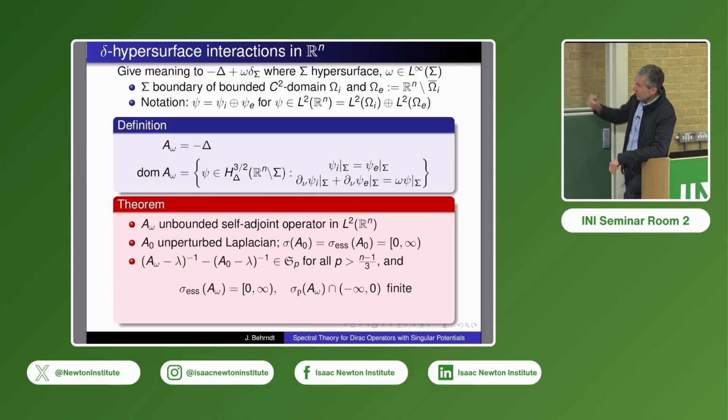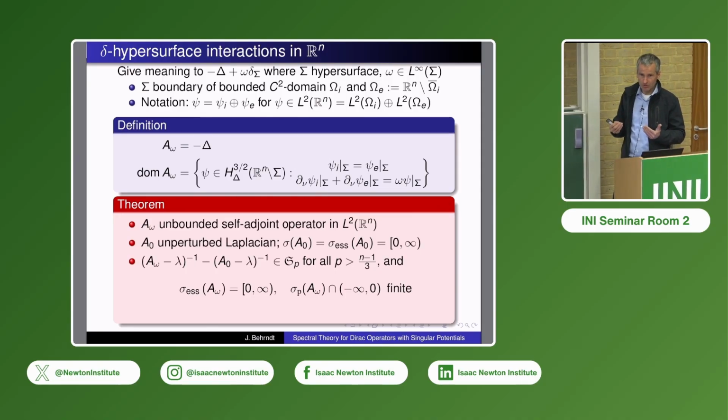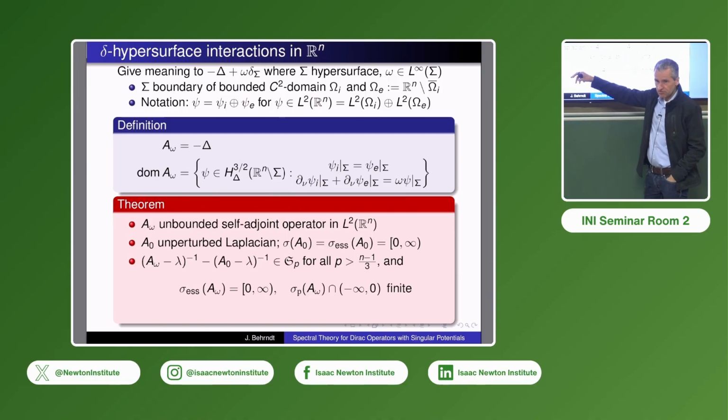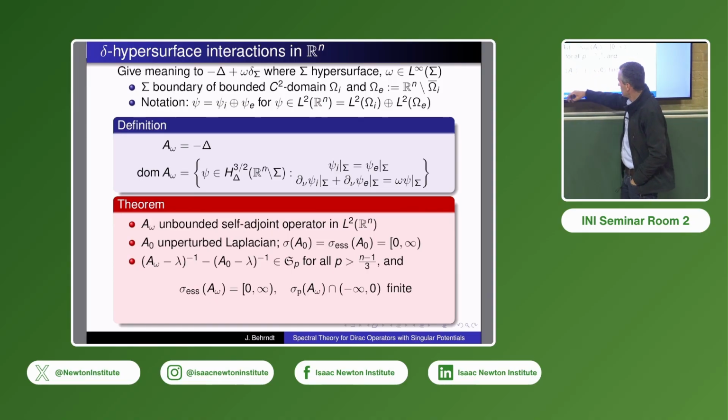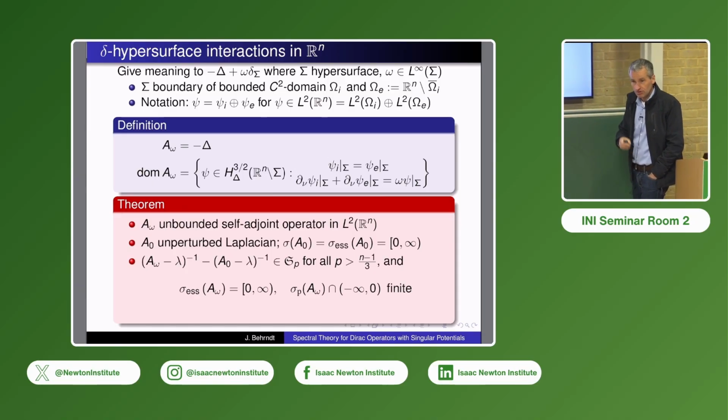Now let's look once more at this perturbation. What people in scattering theory know by intuition is that higher powers of perturbations make things smoother. So what you expect is when you do not compare resolvents, but powers of resolvents, then this P class becomes better in the sense that it becomes smaller.